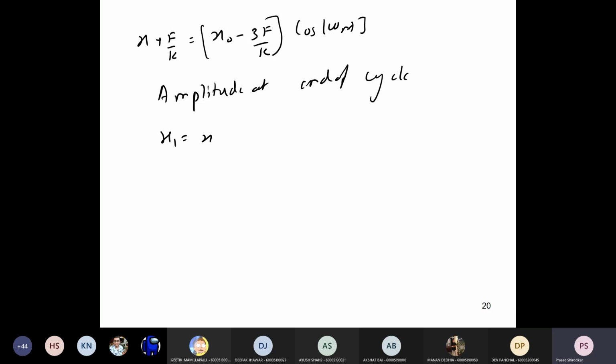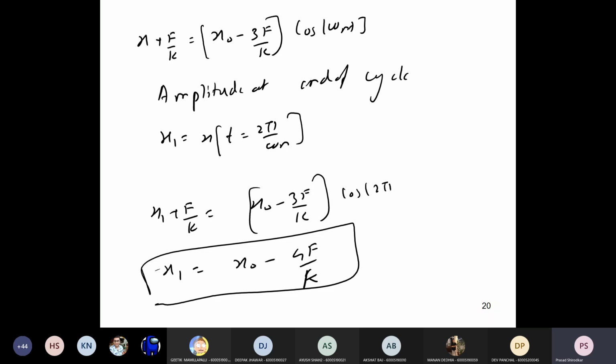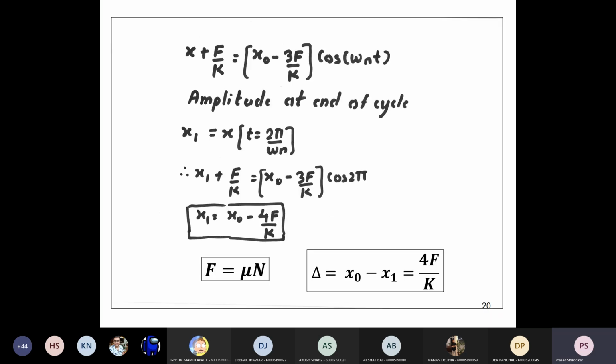So x1 is equal to displacement x at t is equal to twice pi by omega n. So substitute t is equal to twice pi by omega n. So I get x1 plus f by k is equal to x0 minus 3f by k into cos of 2 pi, or I can get x1 is equal to x0 minus 4f by k, which somebody just now pointed out will be the displacement or the amplitude after the end of one cycle.